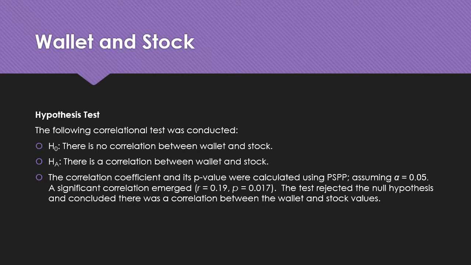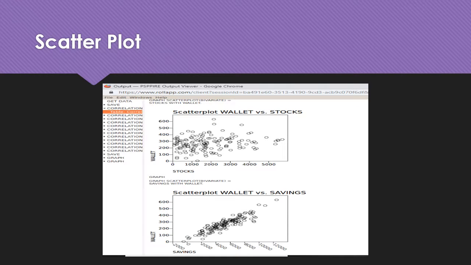Now, let's see what we mean when we talk about strong correlation and weak correlation. To do this, we're going to use a scatter plot. These are the results I have for the wallets and stocks, and another scatter plot for the wallets and savings. And as you can see, there is a significant difference. In both cases, there is a positive correlation between the two quantities, but in this case, the second one with the wallet and savings is significantly higher.